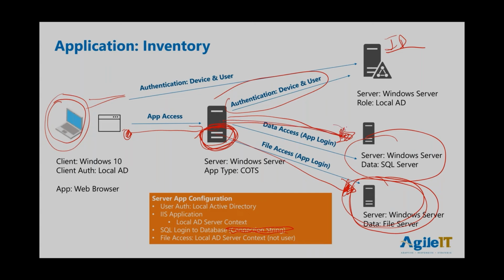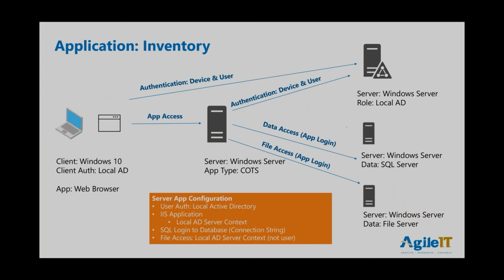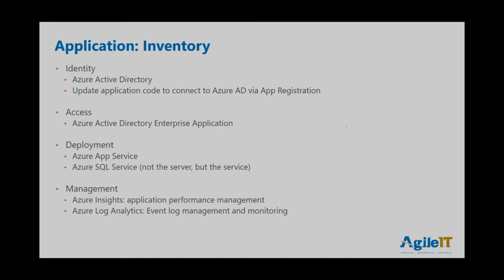Well, as we start to think about this application, in this particular example, we want to take this application, code it up, and understand our pieces. Now what we're going to do is change it so the authentication is Azure Active Directory based. Remember, right now we're already syncing with Azure Active Directory. Let's just say all of our local AD users get synchronized with Azure Active Directory, so they're already there.